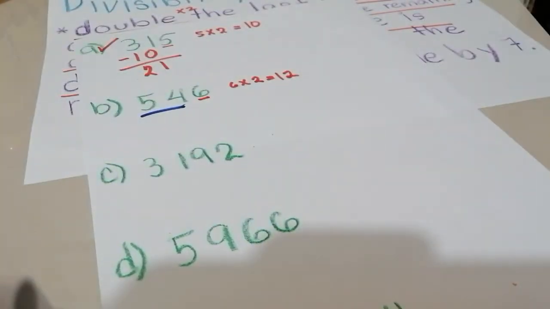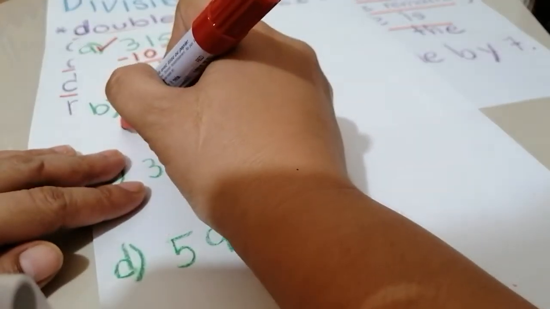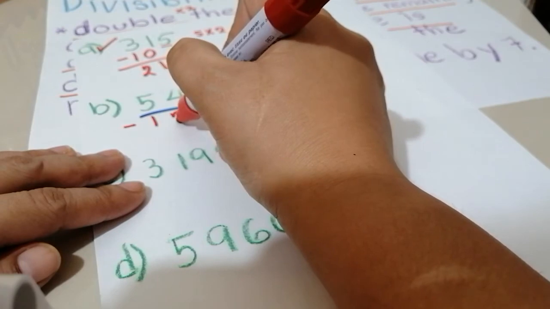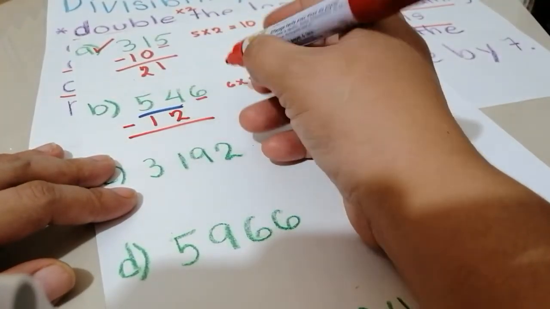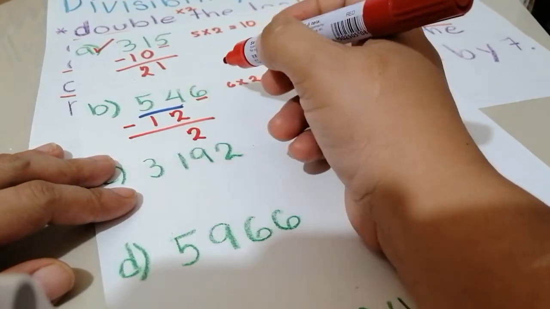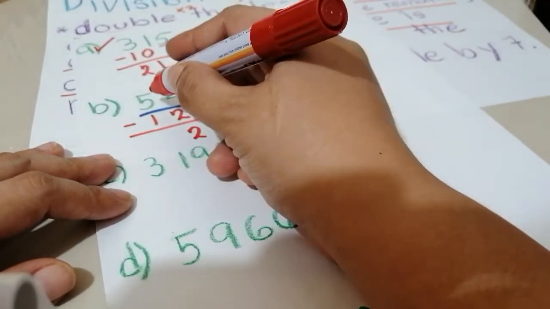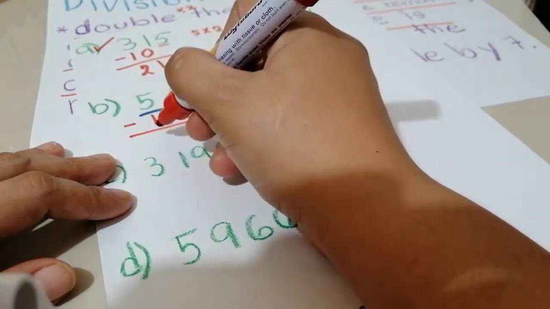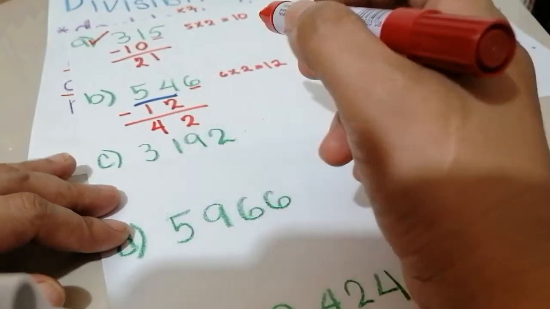So subtract natin yung 12 sa remaining number na 54. So minus 12 here. Okay, so 4 minus 2, that will be 2. And 5 minus 1, that will be 4. So the answer is 42.